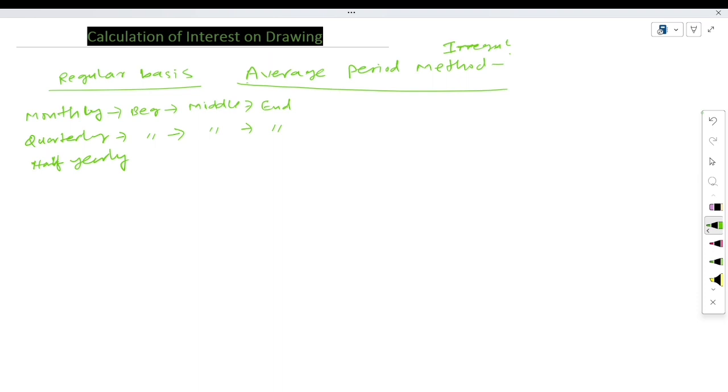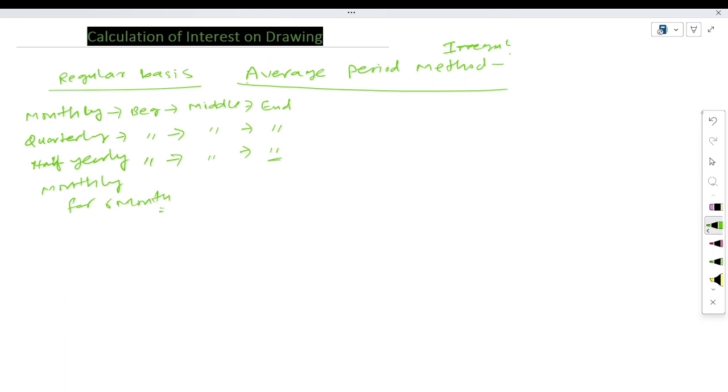In the same way, half yearly, he can withdraw at the beginning of the half year, middle of the half year, or end of the half year, like this. It means here the partner will withdraw the amount on monthly basis, quarterly basis, or half yearly basis, and monthly for 6 months, like this.